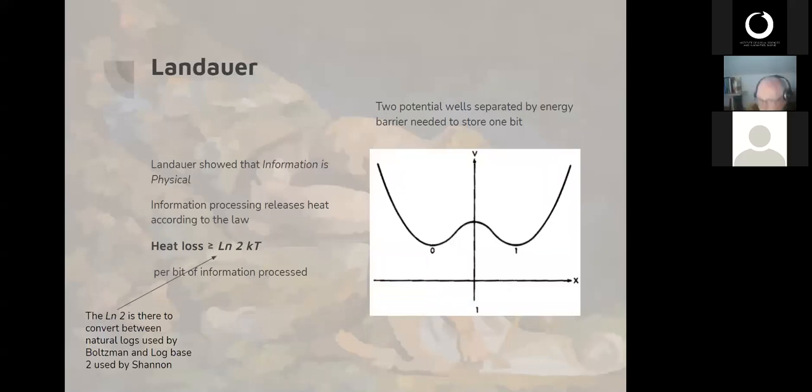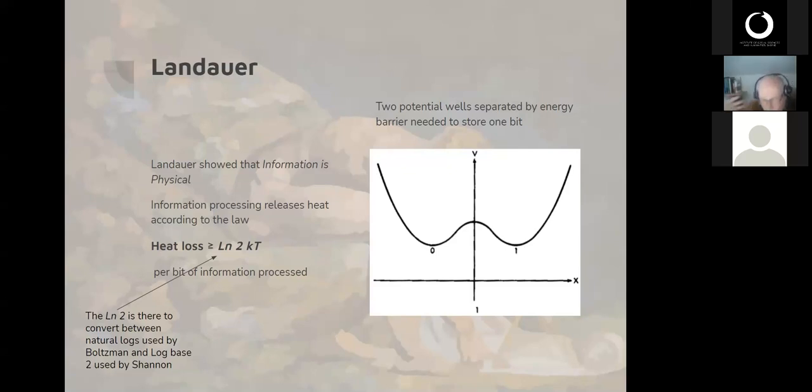It has to have two potential wells. If this is energy levels, you have two potential wells with a barrier in between. One of the potential wells stores a 0, the other one stores a 1. So that is a model, at a high level of abstraction, of any digital memory system or binary digital memory system.